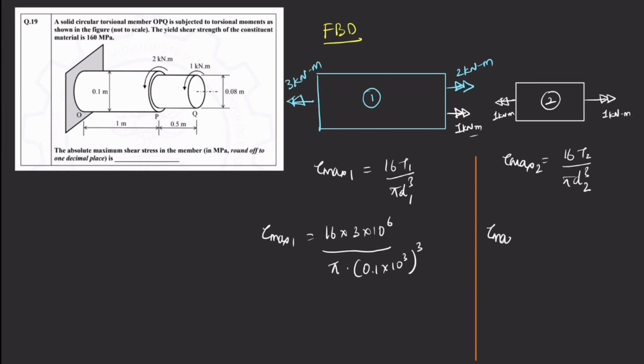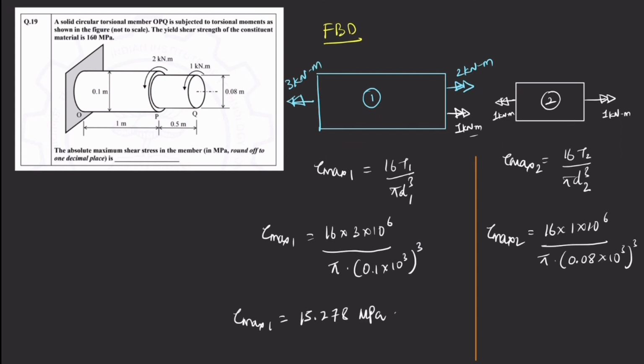Similarly here tau max 2 will be 16 times 1 into 10 to the power 6 divided by pi into 0.08 times 10 to the power 3 whole cube, and calculating these values we will get tau max 1 equals 15.278 megapascals or Newton per millimeter square.